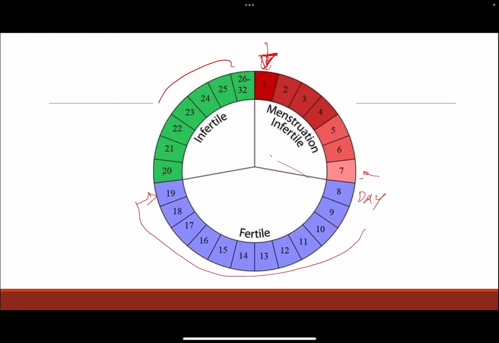So this one is your safe coitus, and this one is unsafe. Your first menstrual day up to 7 days, and day 8 after your menstrual period is unsafe until 19, and then your 20 to 32 is your safe.